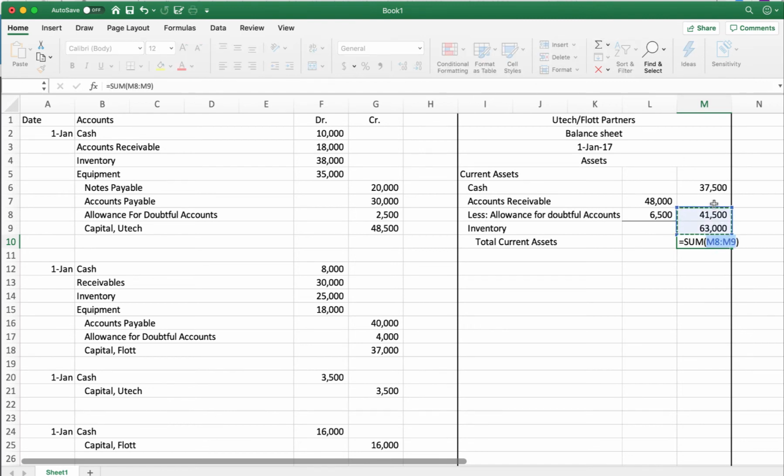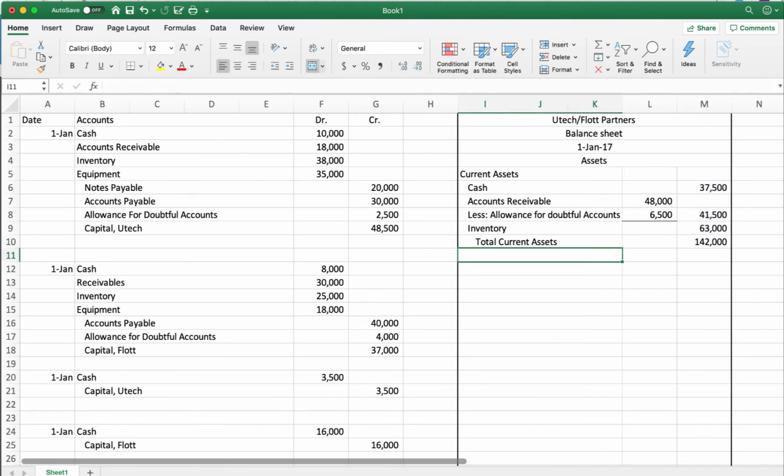I have cash of 37.5, net accounts receivable 41.5, and then inventory of 63,000. That gives me 142,000, which does not look right. The next thing we need to do is list the next category of assets. In this case, it's property, plant, and equipment.